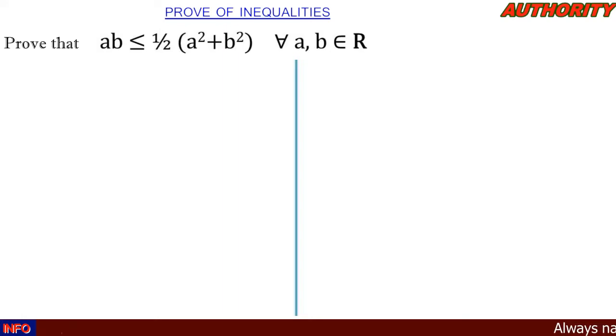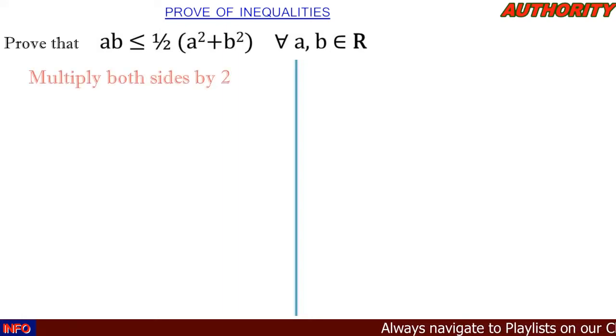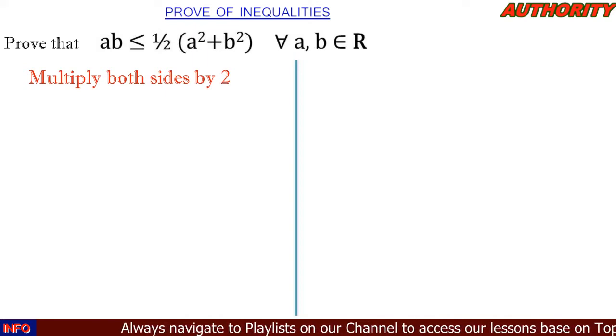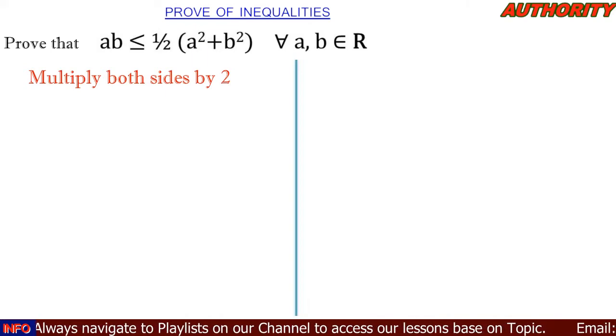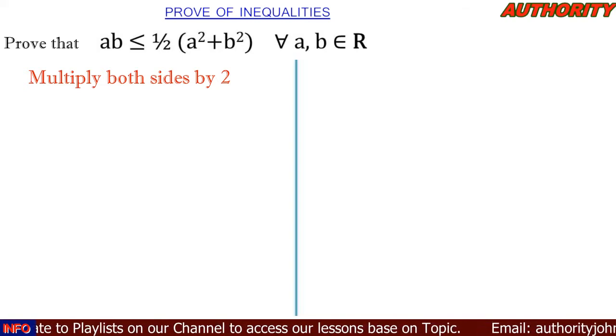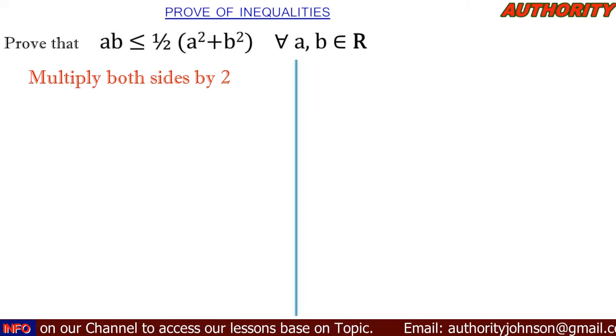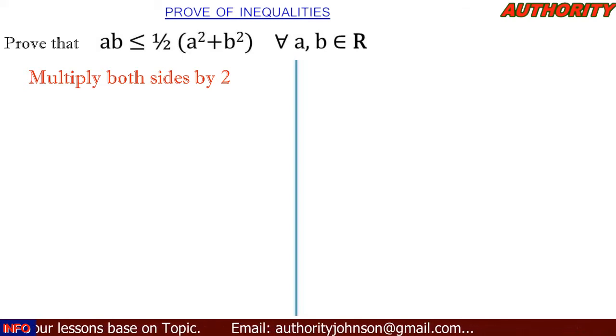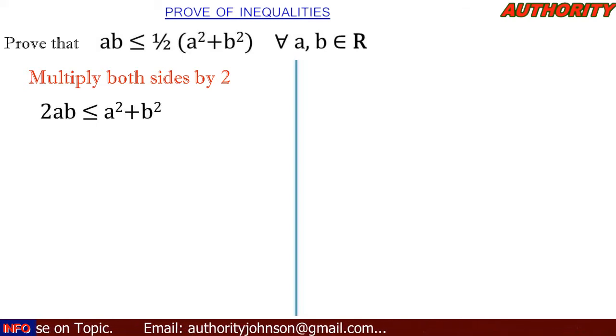We can simply multiply both sides by 2, since 2 is the inverse of 1 over 2, so that the half disappears. When we do so, we have 2AB is less than or equal to A squared plus B squared.